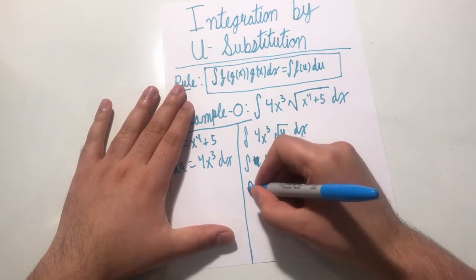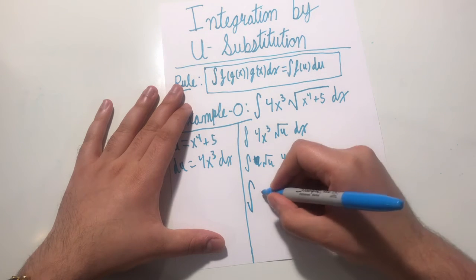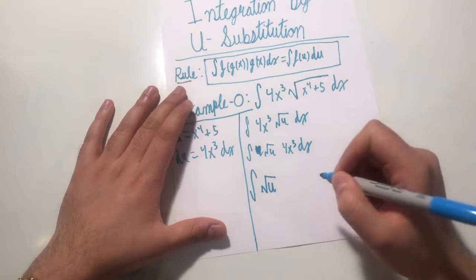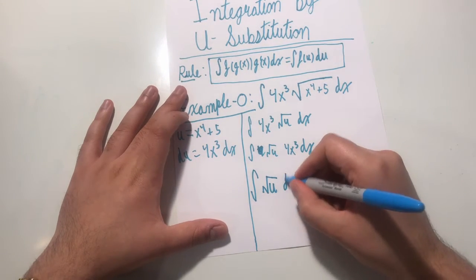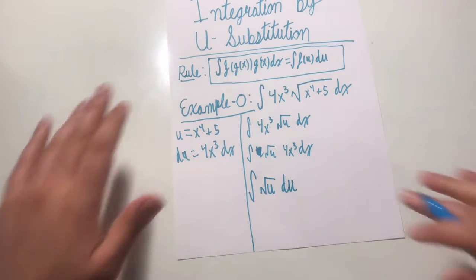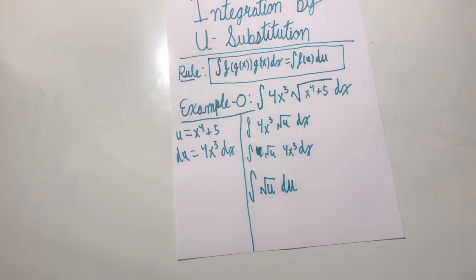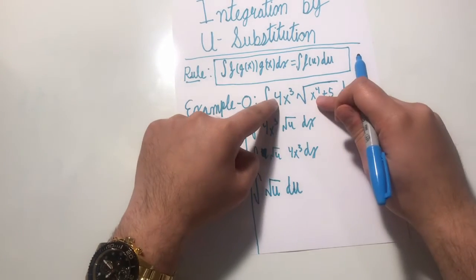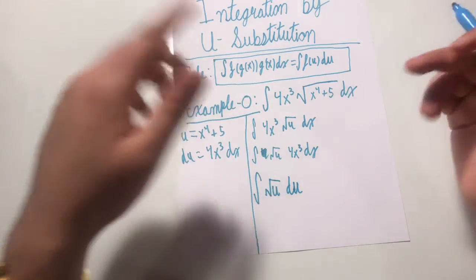So let's rewrite that integral as now square root of u times du, right? By just doing that substitution. Now, this is much easier to integrate than this. So let's do the actual integral.